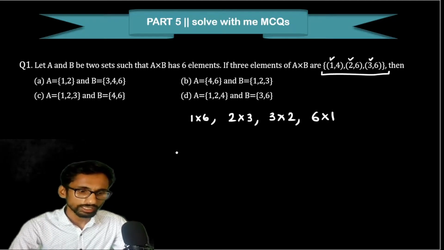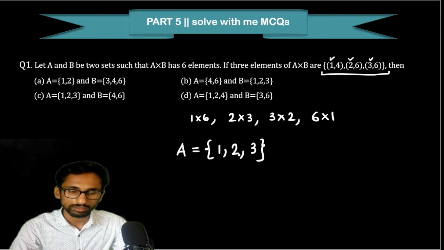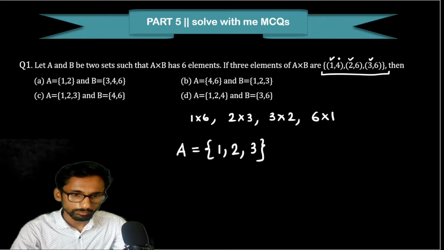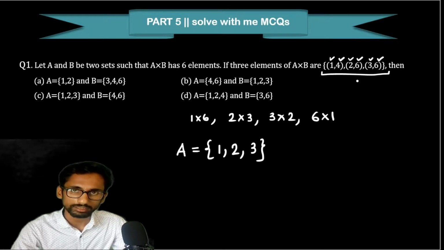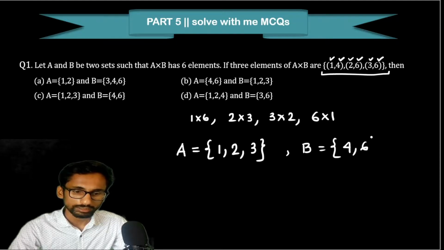So it is clear that the set A, that is the first set, must contain the elements 1, 2, 3 at least. And the second elements are 4, 6 and 6. That means the set B must contain the elements 4 and 6.